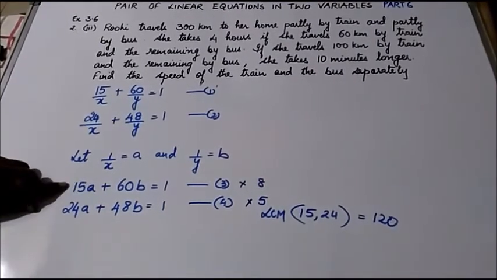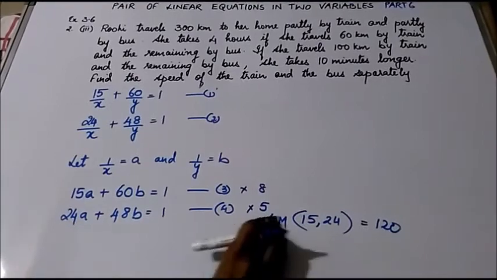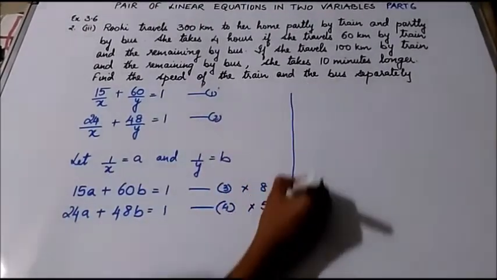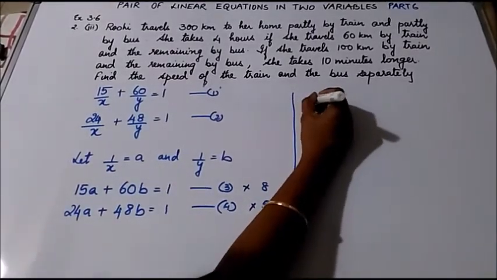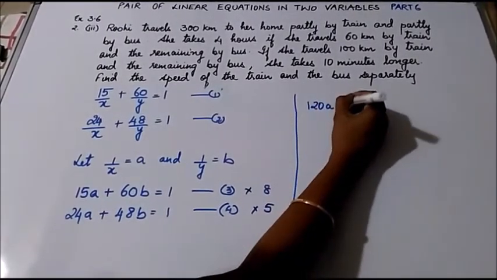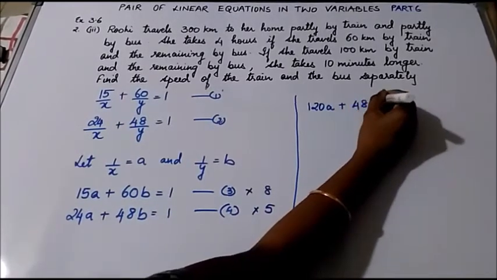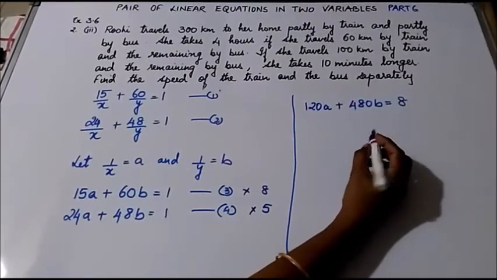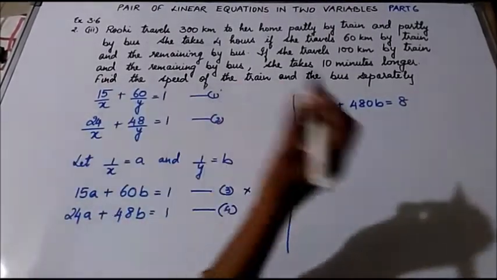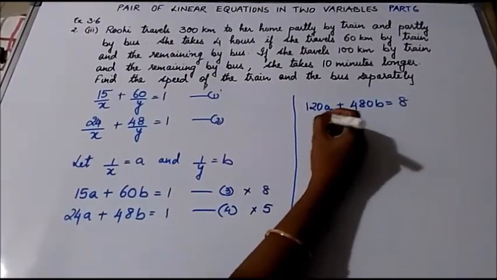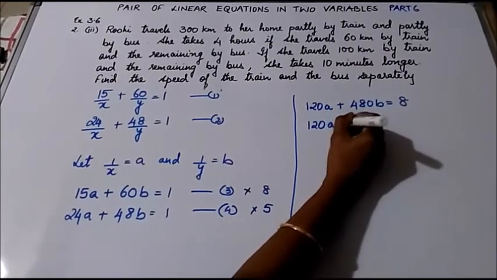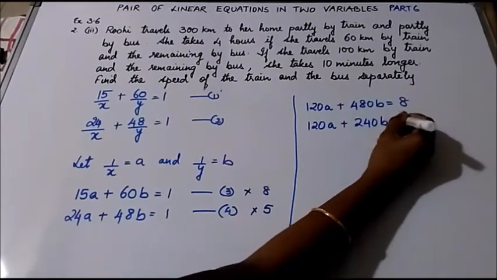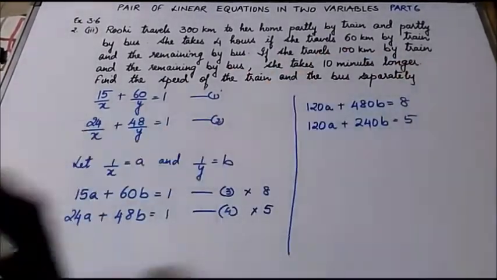So here you get 15 into 8 is 120 and 24 into 5 is 120. So we will get here 120a plus 480b is equal to 8. That will give us here 120a plus 240b is equal to 5.